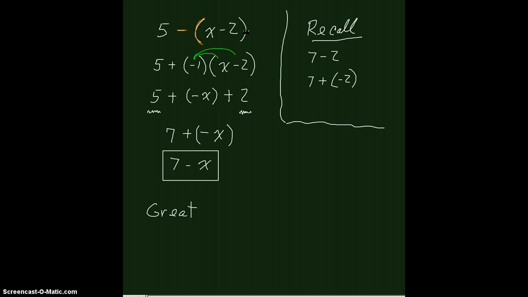Let me do one more for you. It's a similar type of problem. Let's take, say, 8 minus 3 times the quantity 2 minus y. Perhaps this is a little easier for you. I don't have minus 1 now, I have a minus 3.